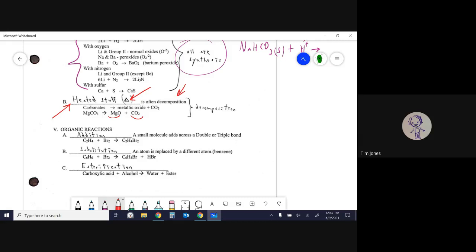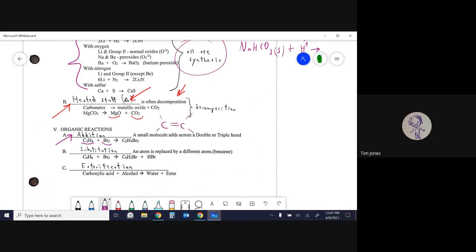The first one's called addition, because you're just adding something to a molecule. In this case, we have ethene, and we'll go through some organic stuff next lesson. And we're adding a bromine molecule to it. So what's happening here is the ethene looks like this with 4 hydrogens.